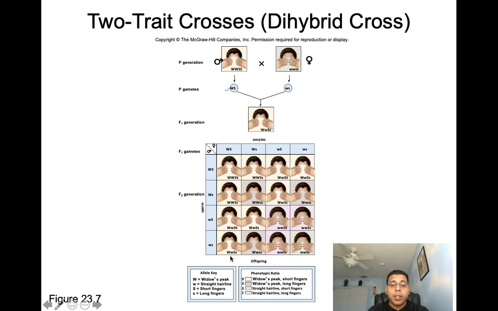And then the thirteenth possible type, capital W, lowercase w, capital S, and a lowercase s. And here capital W, lowercase w, lowercase s, lowercase s. And then the fifteenth type, lowercase w, lowercase w, capital S, lowercase s. And the sixteenth type, lowercase w, lowercase w, lowercase s, lowercase s.